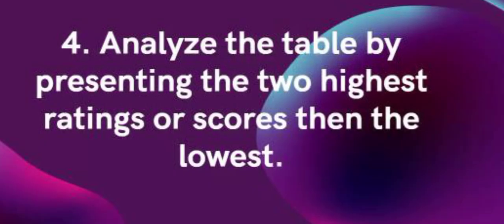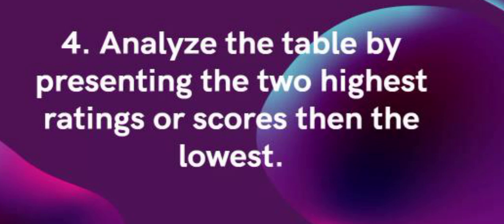Tip number 4, analyze the table by presenting the 2 highest ratings or scores and then the lowest. You don't need to repeat everything that is on the table. You only focus on the significant parts of your table, that is, the 2 highest ratings and then the lowest. So you only focus the analysis and interpretation on these 3.